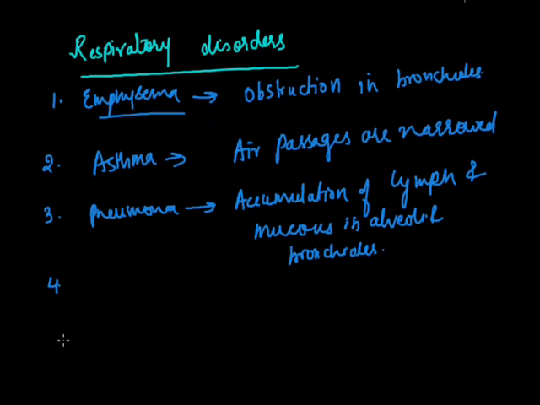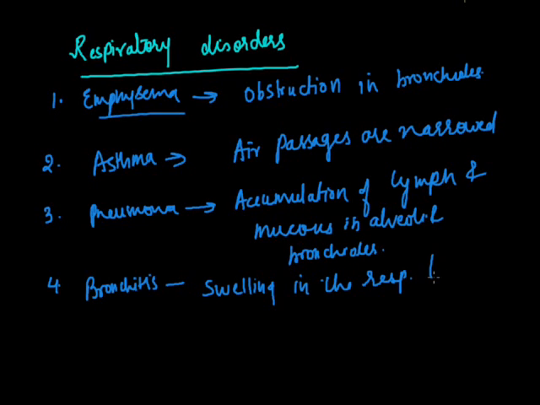The fourth type of respiratory disorder is bronchitis. In bronchitis, there is swelling seen in the lining membrane of the respiratory tract. Another respiratory disorder is called TB or tuberculosis.